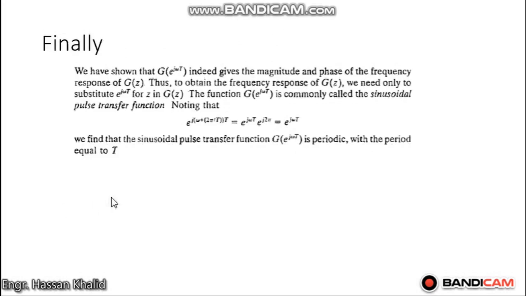Finally, we can conclude that if you want to find the response of the discrete time system in terms of its frequencies, you just need to substitute z equal to e^(j omega T). In this way, the function is commonly called the sinusoidal pulse transfer function.